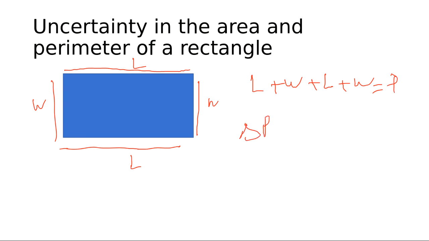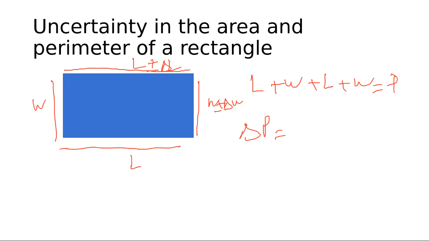Now when you add or subtract to find the uncertainty, what you need to do is add the uncertainties. So let's say the uncertainty for the L is plus or minus delta L, so the uncertainty value is just delta L, and for this one, let's say, is delta W. Then in this case I need to add the uncertainties.